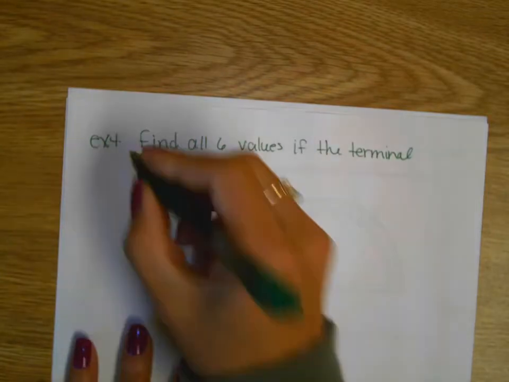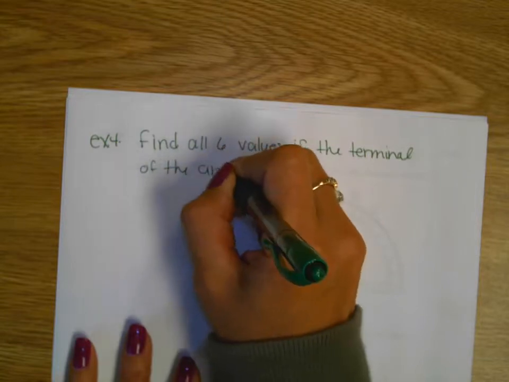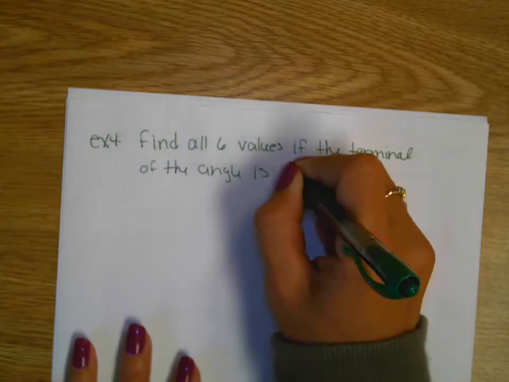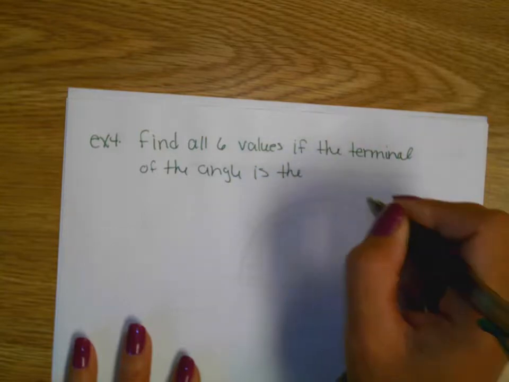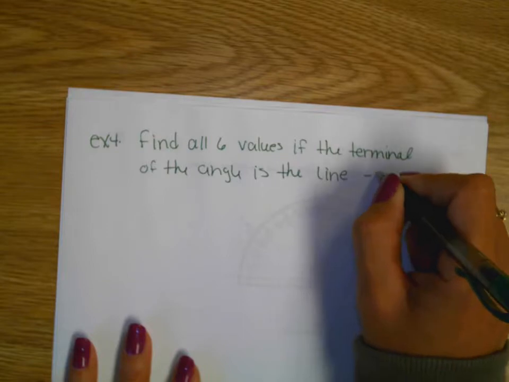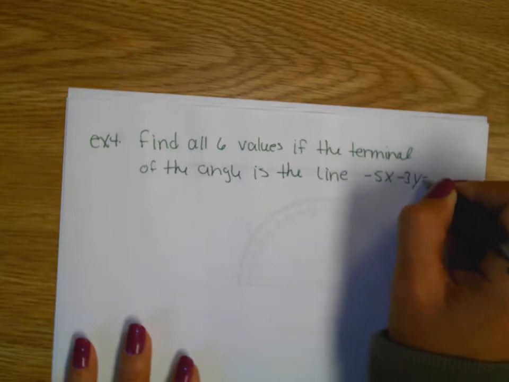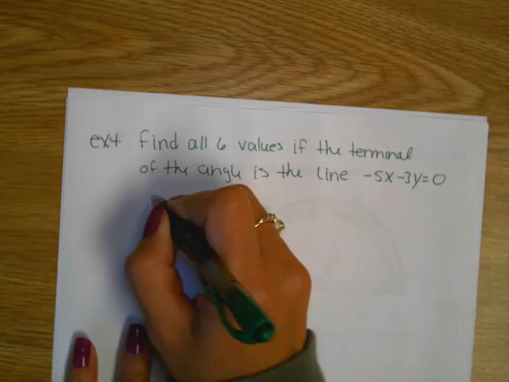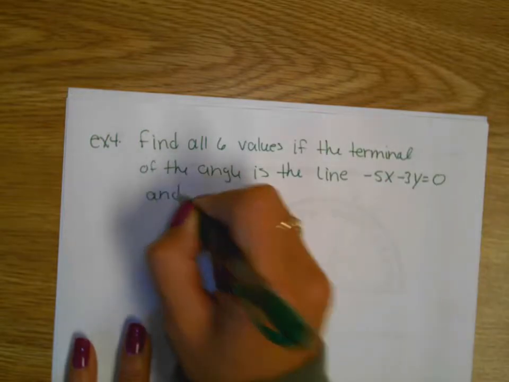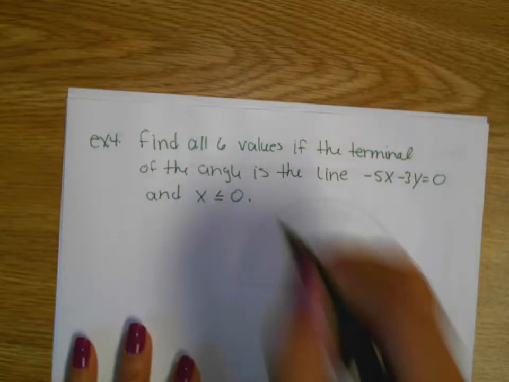If the terminal side of the angle is the line negative 5x minus 3y equals 0, and I also know that x is less than or equal to 0.